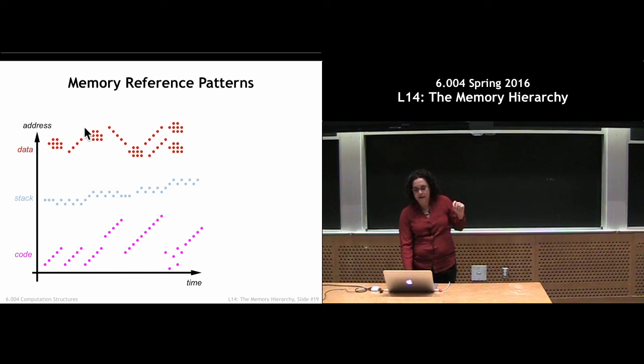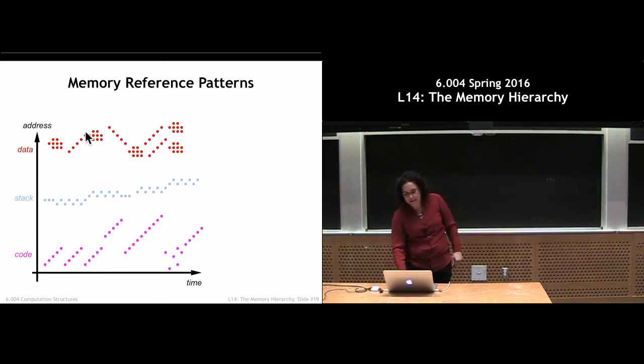Similarly, another very common type of access is this sequential one here. Can anyone take a guess as to what that might correspond to? I think I heard something, but it wasn't loud enough. Arrays, exactly. Okay, so how do we access arrays? Arrays are basically locations in memory that are consecutive, and generally, when you do something with an array, you do something with one element and then the next and then the next and so on and so forth.